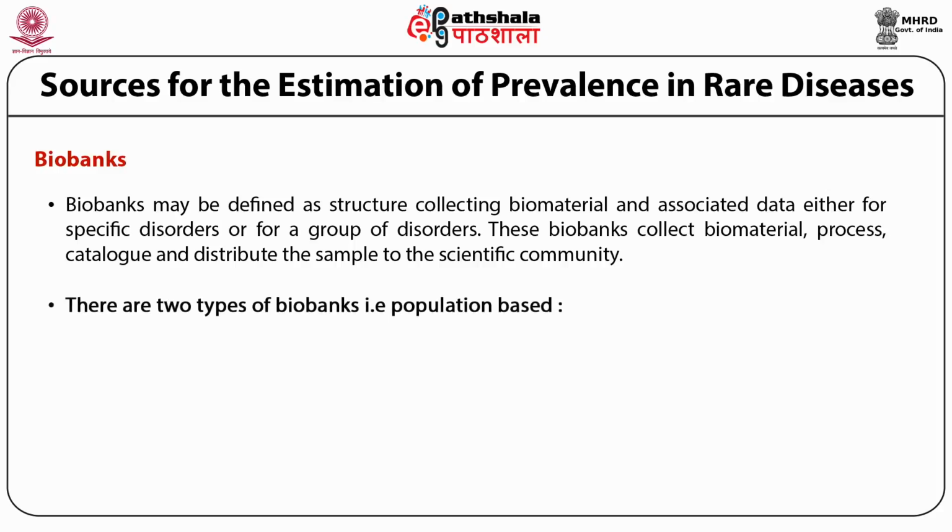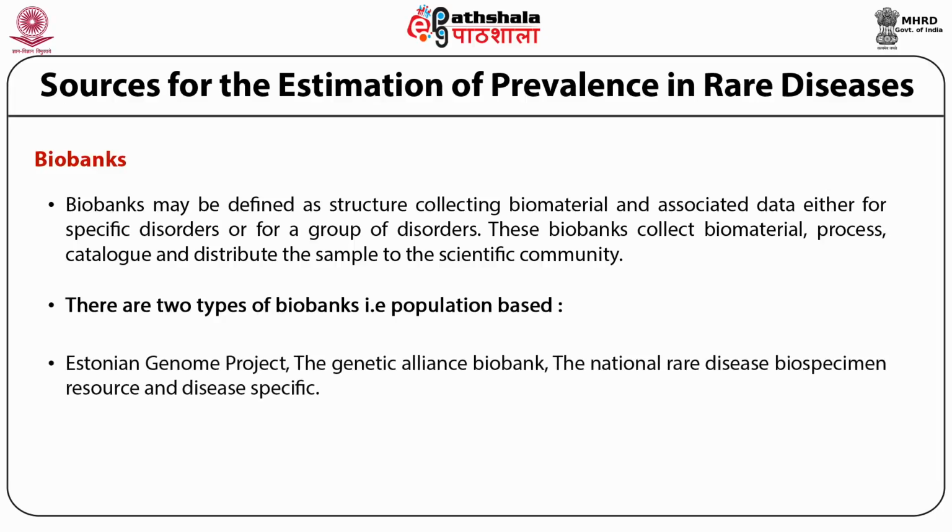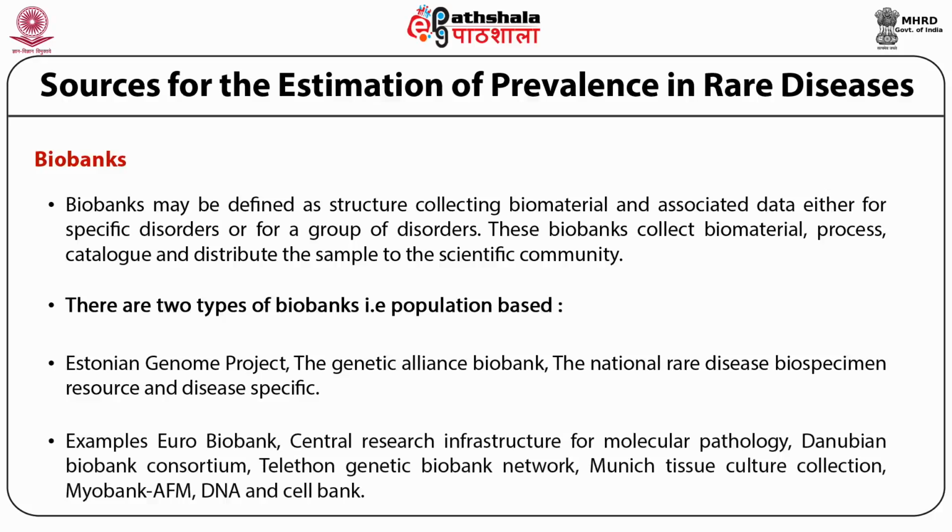There are two types of biobanks, that is population-based biobanks, which are like Estonian Genome Project, the Genetic Alliance Biobank, the National Rare Disease Biospecimen Resource, and disease specific, the examples of which are Eurobiobank, Central Research Infrastructure for Molecular Pathology, the Nubian Biobank Consortium, Telethon Genetic Biobank Network, Munich Tissue Culture Collection, Myobank AFM, DNA, and Cell Bank.